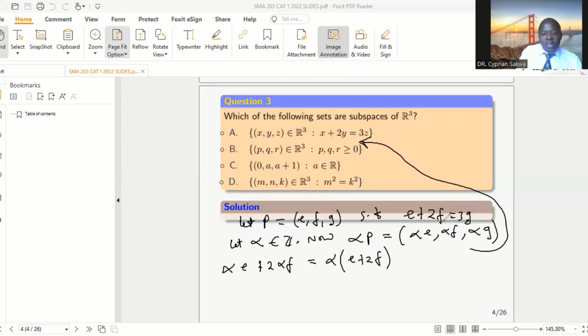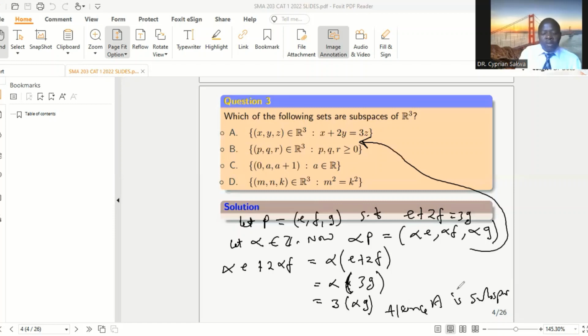But what is E plus 2F? E plus 2F is 3G. That is alpha times 3G. So then I just write it as 3 alpha G. And you've seen that this condition has been met. So hence A is a vector subspace.